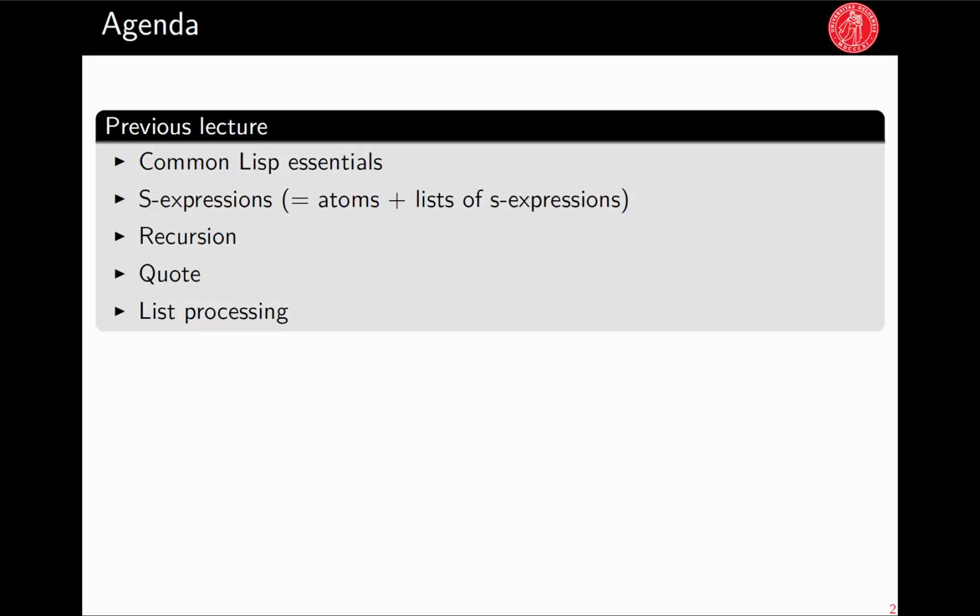And we also spent some time talking about this special form called quote, which allowed us to make expressions self-evaluating. Or it allowed us to tell Lisp to basically not evaluate that expression if it's quoted. Finally, we looked at a few different built-in operators for doing list processing.